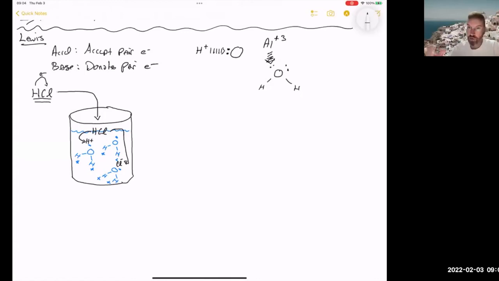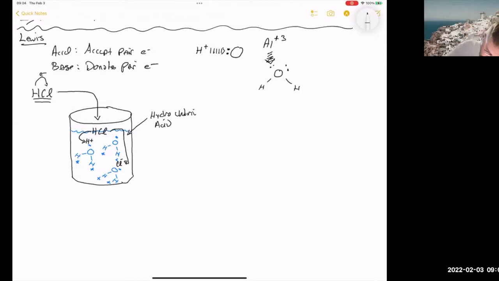It will dissociate into hydrogen ions and chloride ions. And when that happens, we call that hydrochloric acid, because that molecule is donating hydrogen ions when it gets dissolved in water.